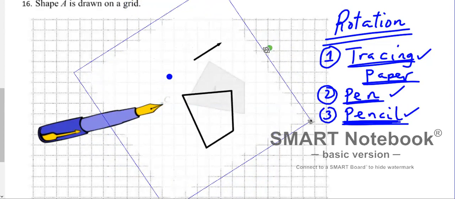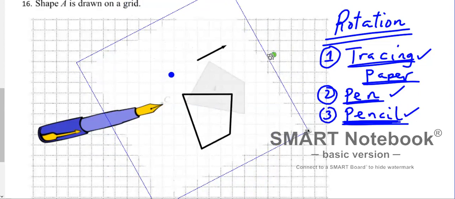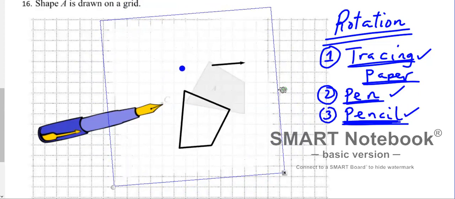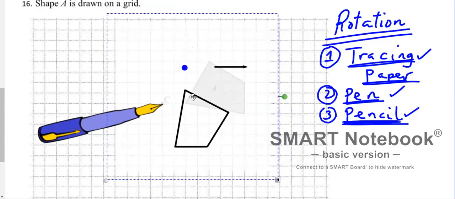Can you notice that the center is going away from our pen? Can you see that? All right, so our arrow is now pointing to the right-hand side. That indicates that we have moved a 90 degrees angle.